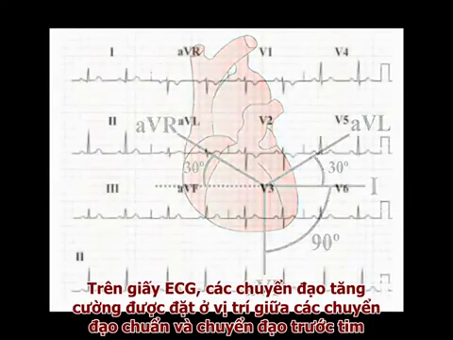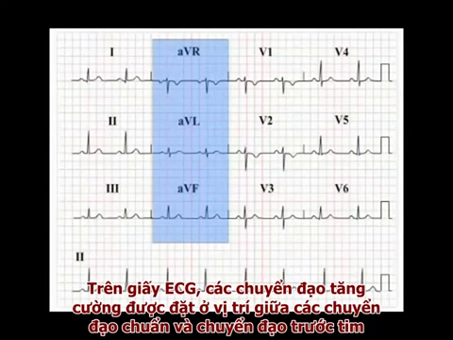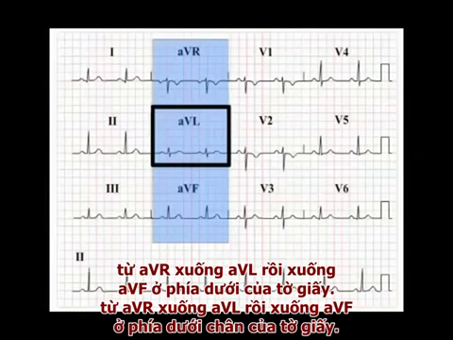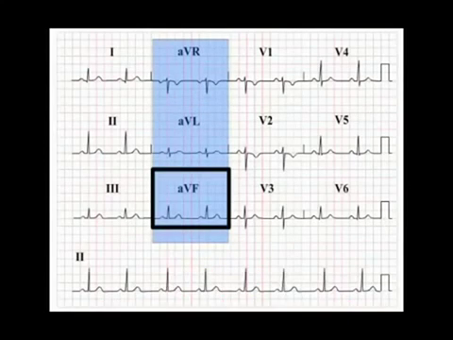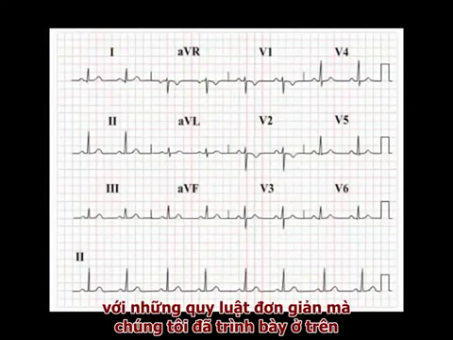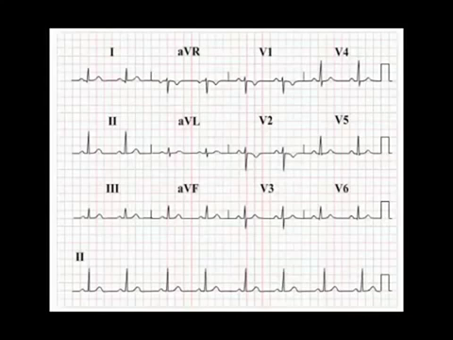The ECG readout recordings from the augmented leads are positioned between the standard leads and the chest leads, from AVR to AVL and down to AVF at the foot of the page. Combining our knowledge of the positions of the ECG leads relative to the heart with the simple electrical rules outlined so far, we can generate a predicted normal ECG, and here we have it.